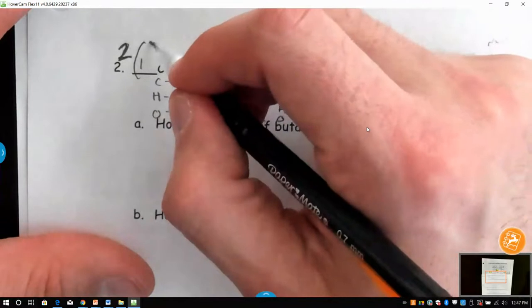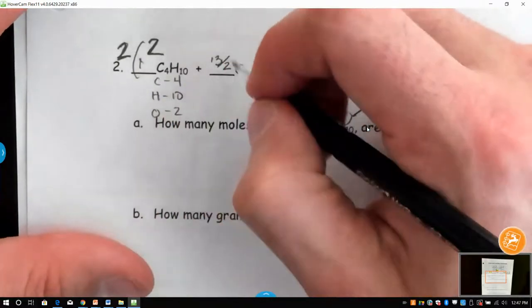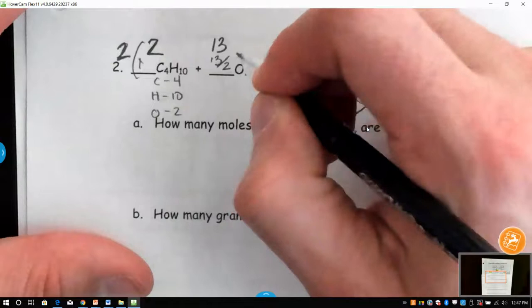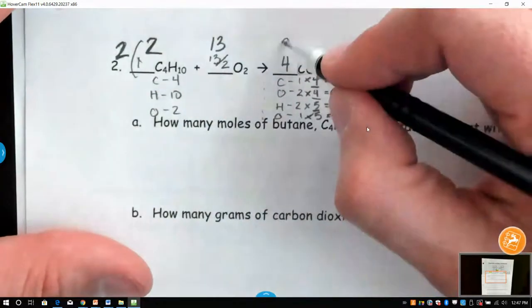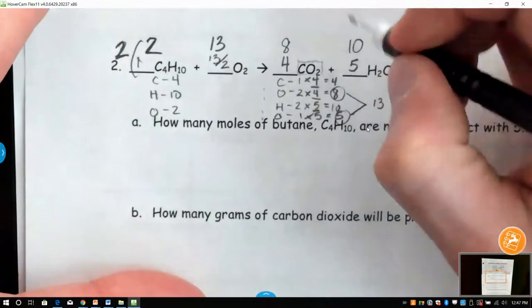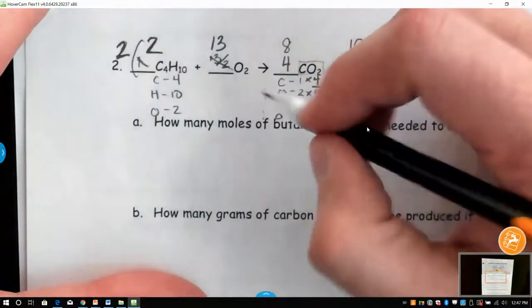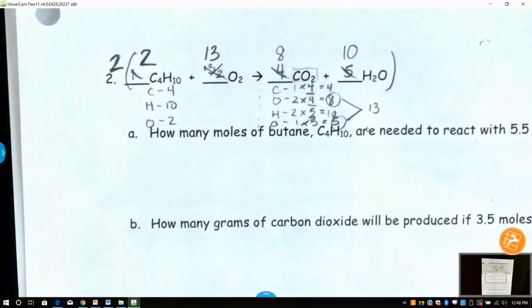So this 1 would become a 2. 13 halves times 2 would give me 13. 2 times 4 would give me 8. And then 2 times 5 would give me 10. So we have a 2, 13, 8, 10 ratio.